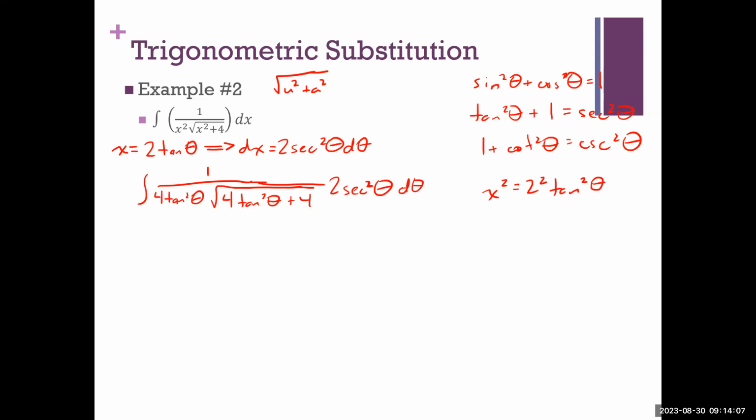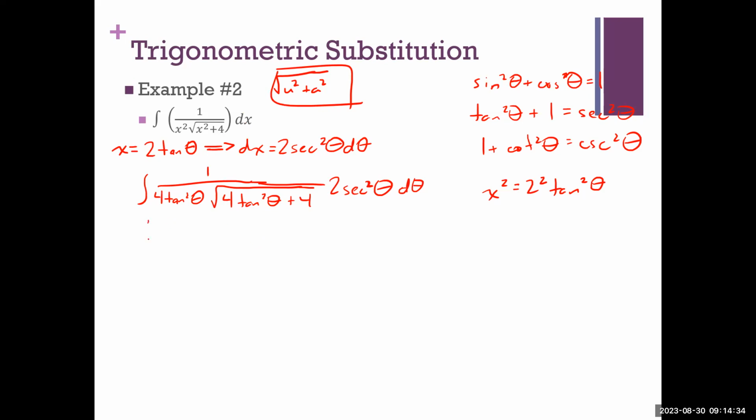It'll be easier to explain why that didn't work after we're done, but I kind of want to know now if there's a reason. Because you can factor out the 4 and substitute the tan squared plus 1 for secant squared. Okay. So I think that's how this form, radical u squared plus a squared, dictates the trig function: it is going to allow for that simplification.